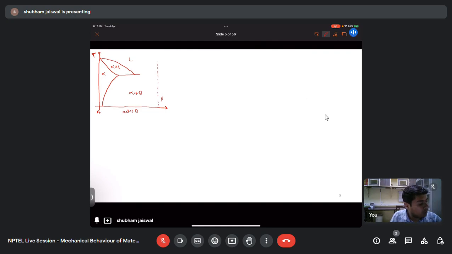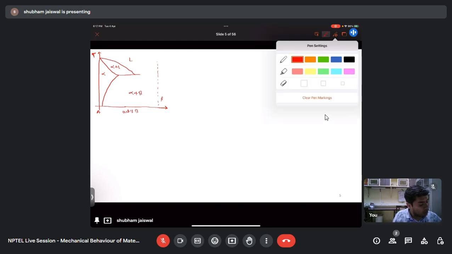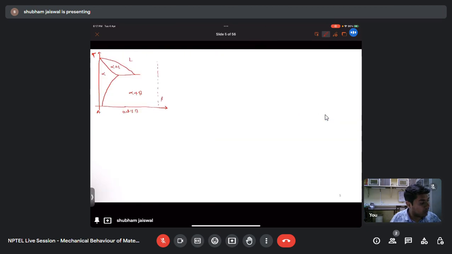Now if we consider this temperature T naught, that is the black one, and let's say this is my composition C naught. At T naught it is the single phase region. So if you see the microstructure, we will be seeing only alpha grains.